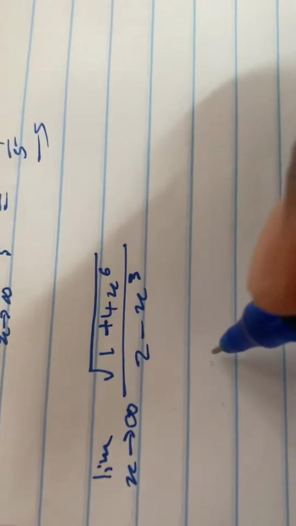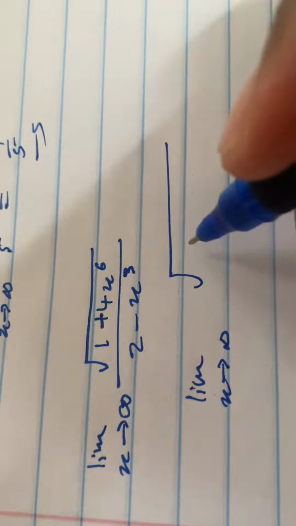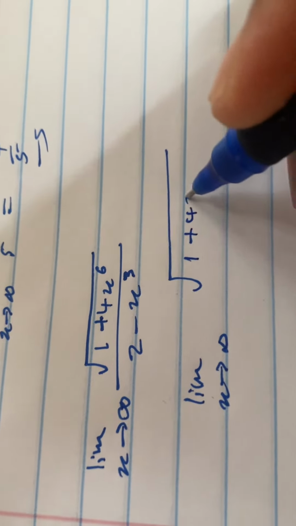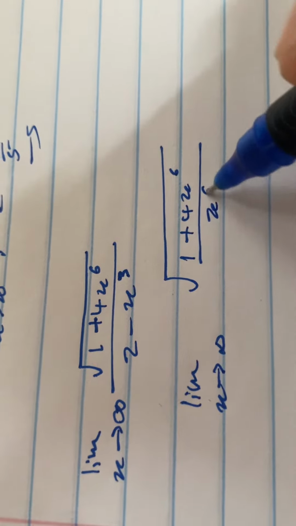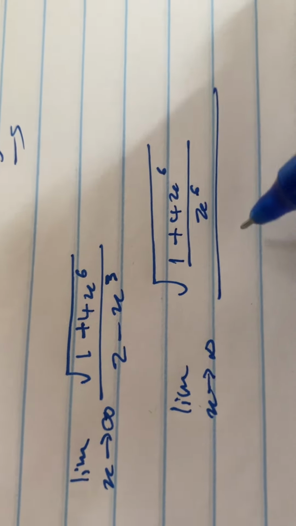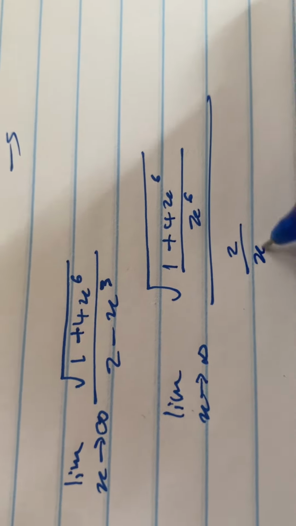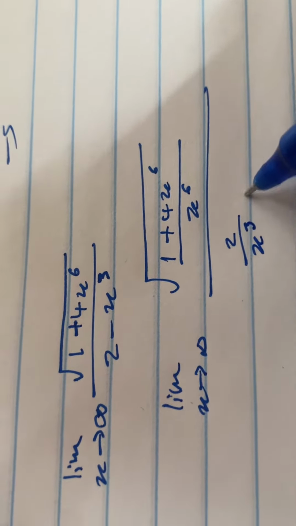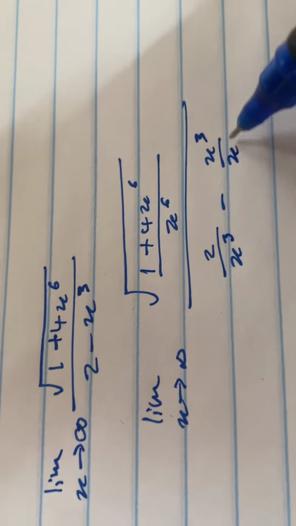So you have the limit as x approaches infinity of the square root of 1 plus 4x to the power 6, times x to the power of 6, divided by 2x to the power of 3 minus x to the power of 3, divided by x to the power of 3.